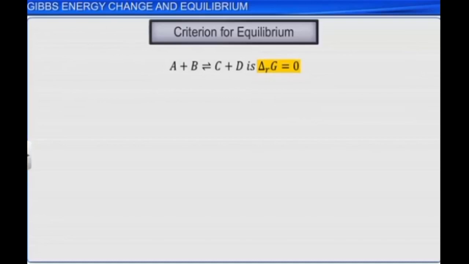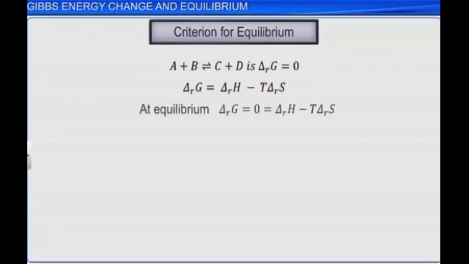Delta Rg is the Gibbs energy change for the reaction and is equal to the difference in the enthalpy change of reaction, delta Rh, and product of temperature T and entropy change of reaction S. At equilibrium, delta Rg equals 0, which means that at equilibrium, delta Rh equals T delta Rs.